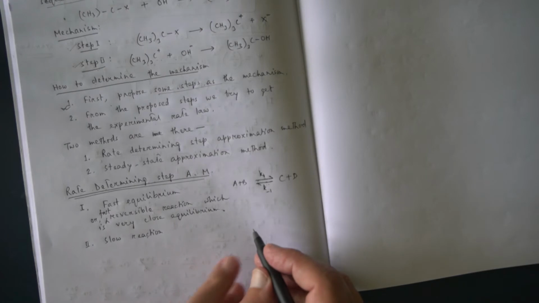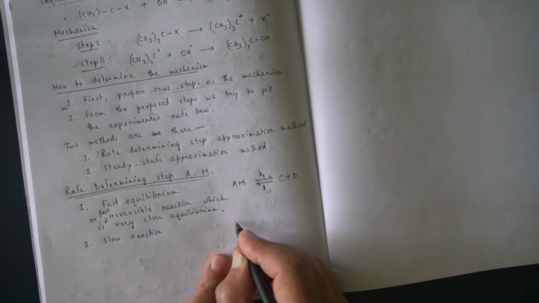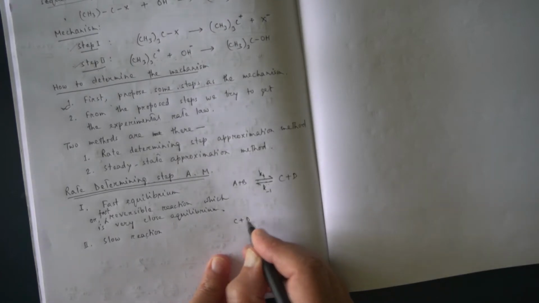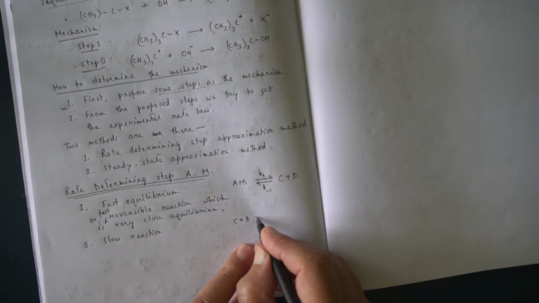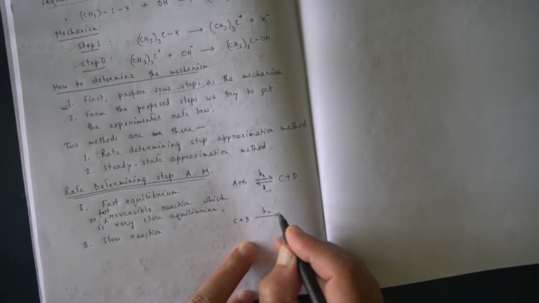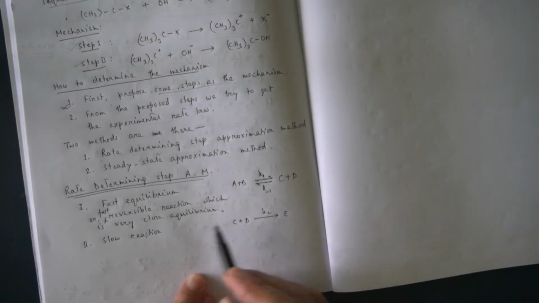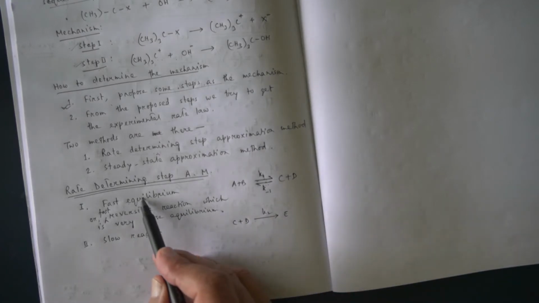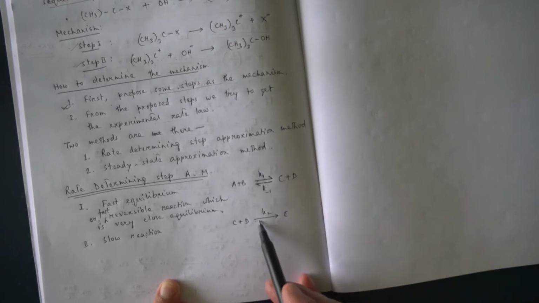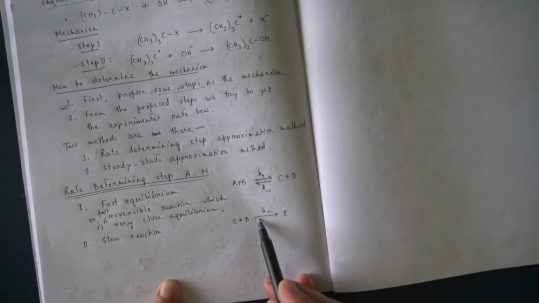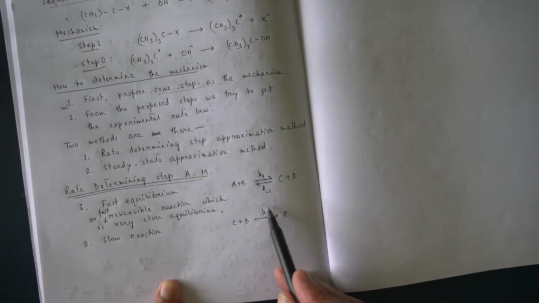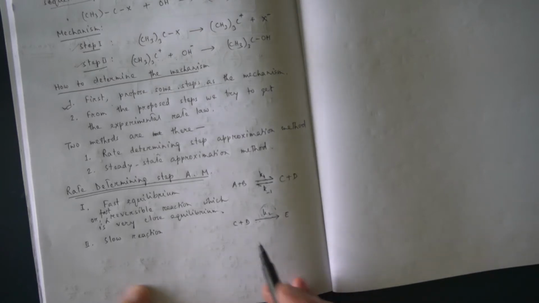Suppose these are the products, and from this, say rate constant is K2, going to E. This reaction is slow, which means the rate constant is smaller.